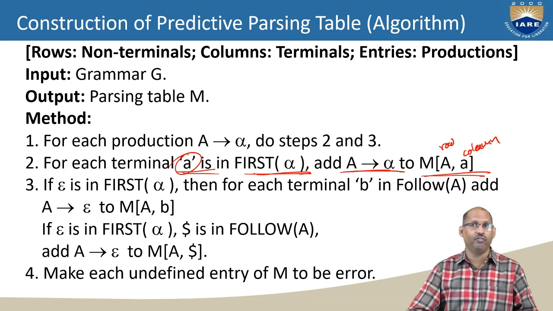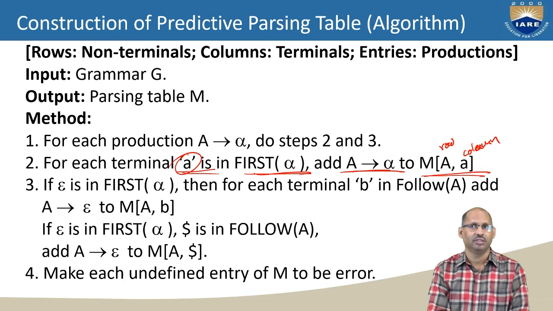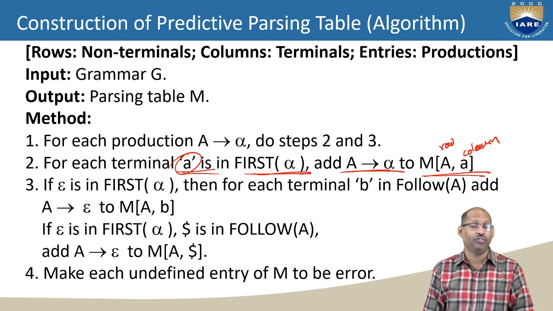Simply, we consider the first of variable A, that is first of alpha, which has terminal a. So for all the terminals a, we write the production A gives alpha in the row capital A, column small a, in the predictive parsing table.